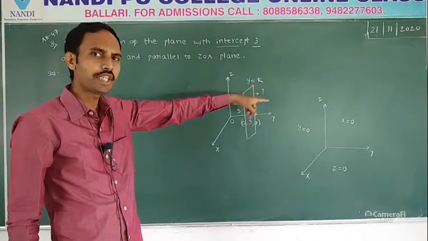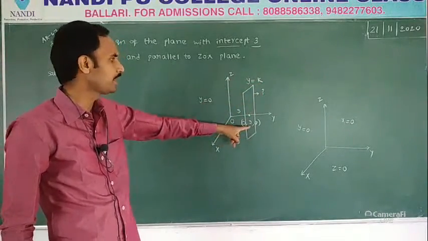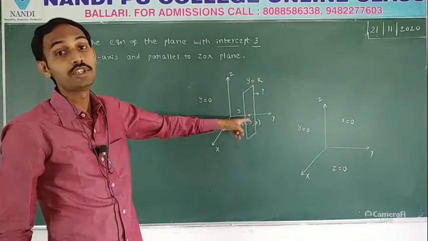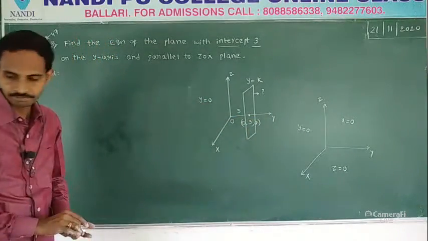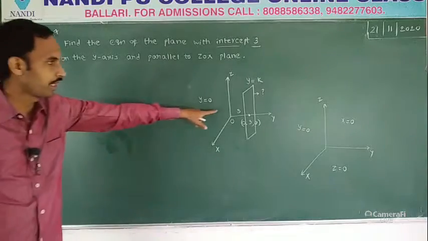In order to find k, they have given something: the intercept. It is making 3 units on the y axis. Draw the figure.